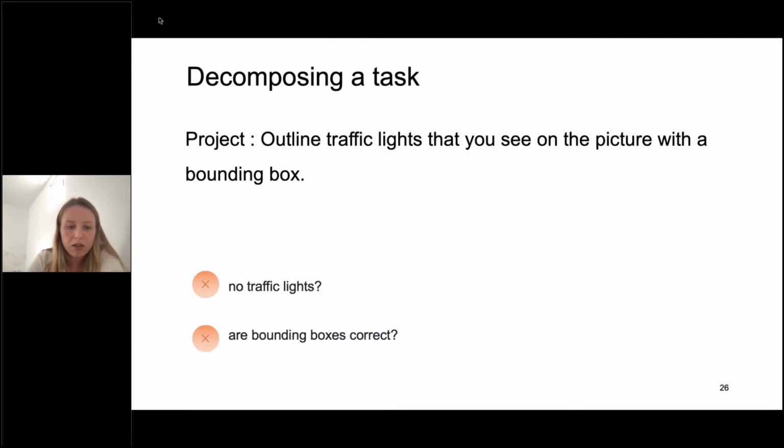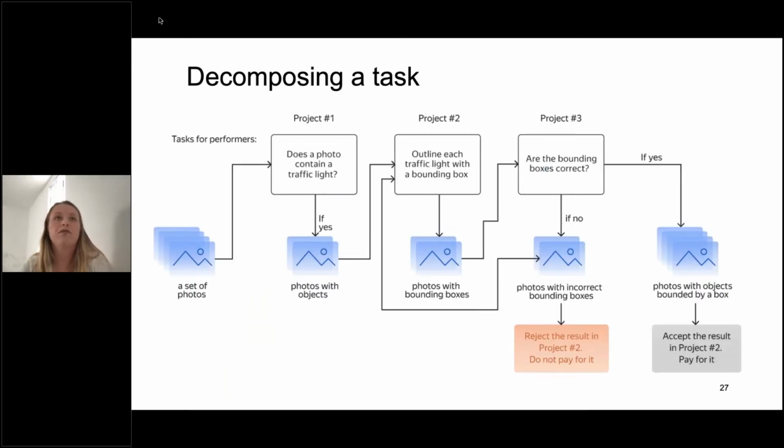In order to mitigate those problems, the ideal solution that we have experimented with is having, in this case, 3 projects. And this is probably something that would be common for this type of computer vision project. So instead of having one project, we have 3.